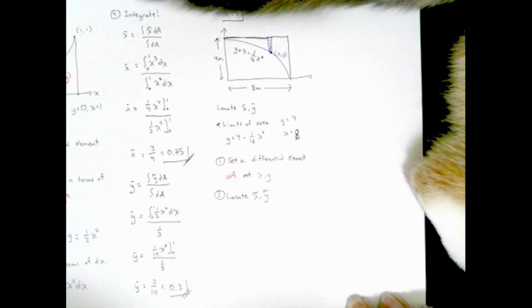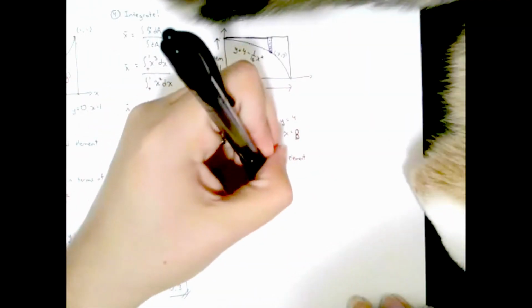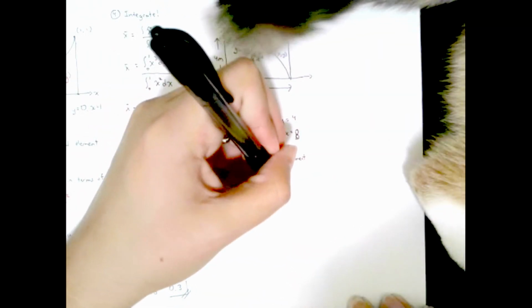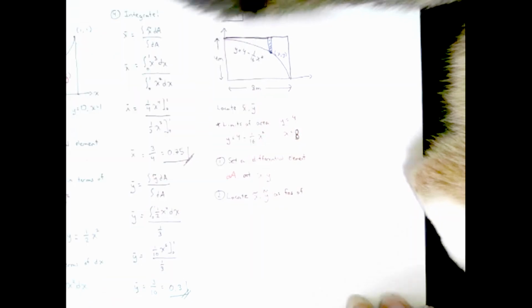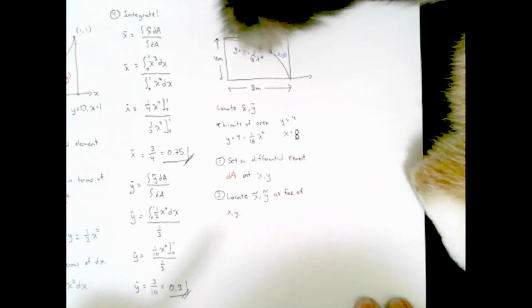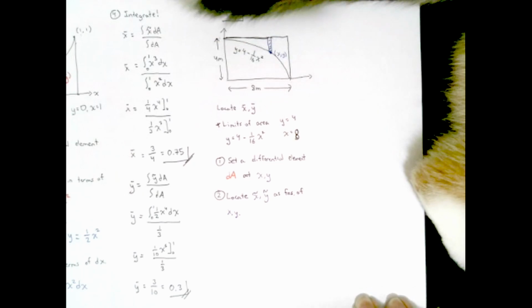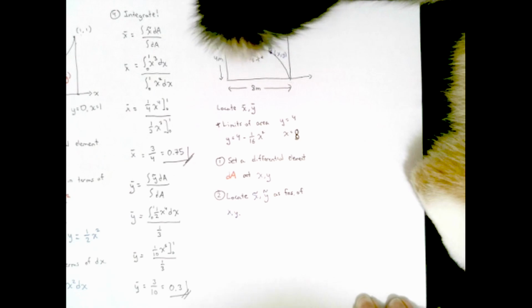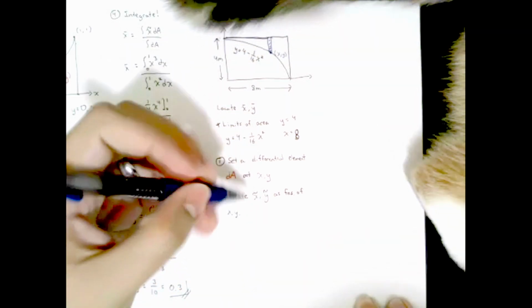And we know that we want to locate x squiggly and y squiggly always as functions of x and y. So as functions of x and y. Okay? So here's where things may get a little bit complicated for this problem. But you'll notice that it's actually just math, what's going on.